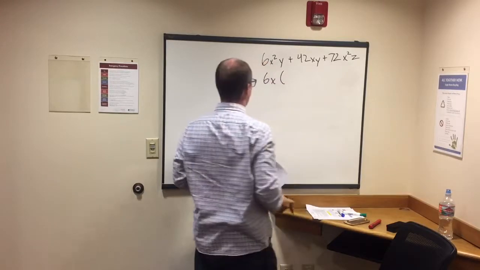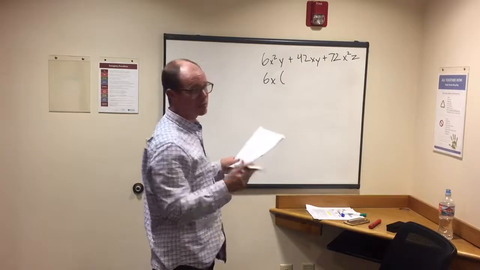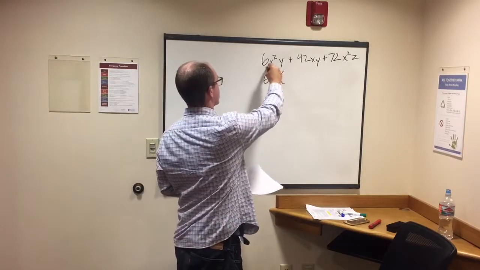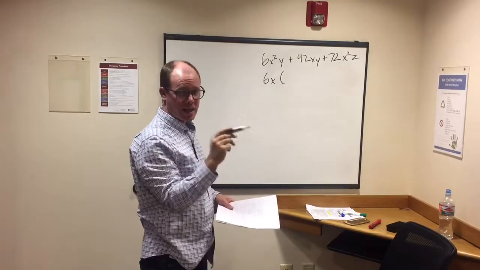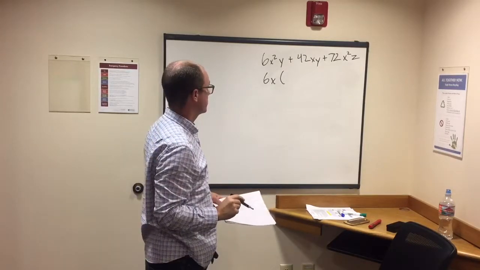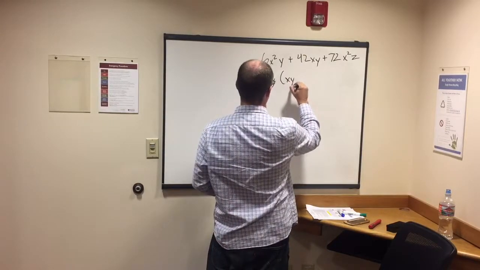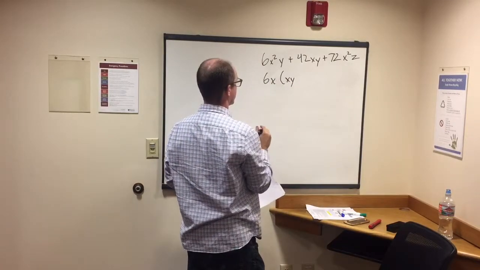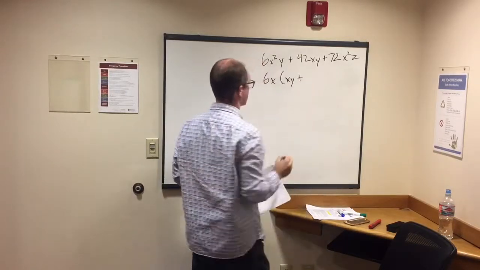Okay, now we're just going to multiply this stuff out, right? So first I'm trying to multiply 6x times something to get 6x squared y, right? You need to know that x times x is x squared. And then we're going to throw a y on there, right? So just xy, and that will give me 6x squared y plus, okay?